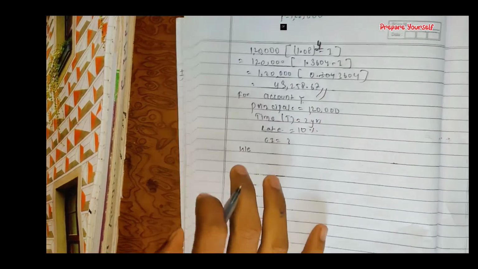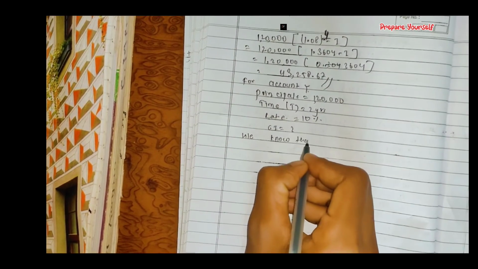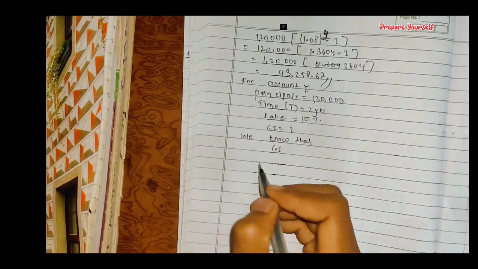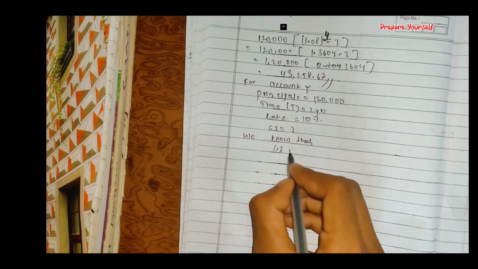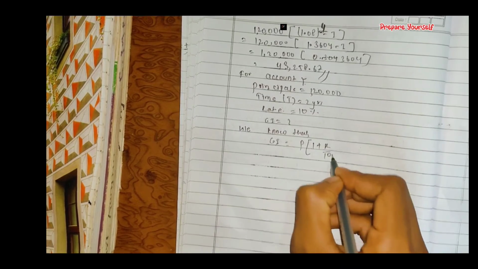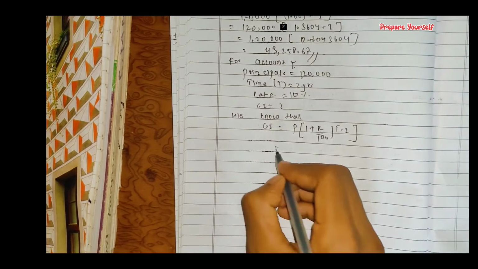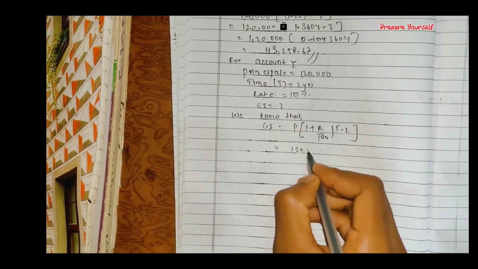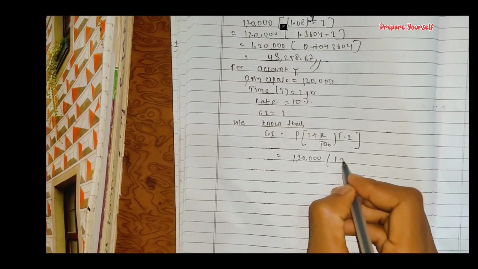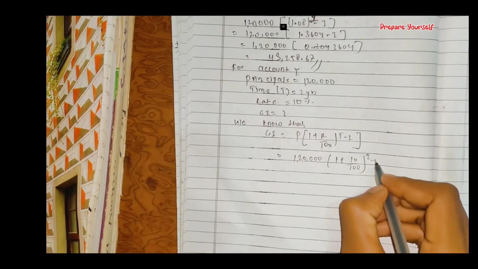So we know the compound interest formula is P times (1 plus R by 100) power T minus 1. The principal is 1,20,000, and 1 plus rate of interest 10 by 100, power T, meaning 2 years, minus 1.